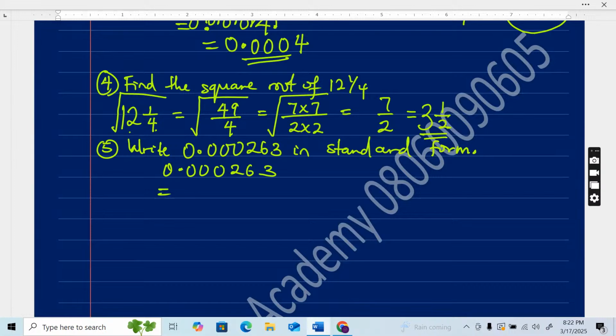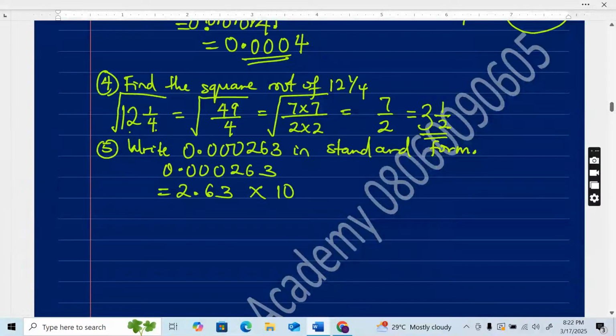So we are going to take out all the zeros and write this 263 as 2.63, which means your decimal point must come after the first digit that is not a 0. So the first digit that is not a 0 is 2. So your decimal point comes there. Now, it will be multiplied by a power of 10.